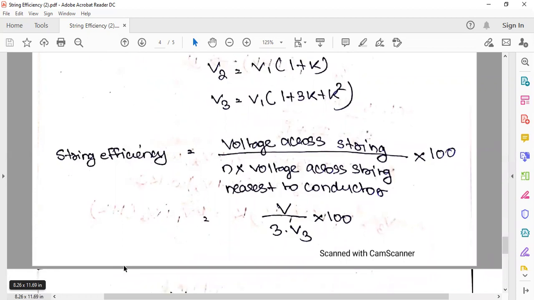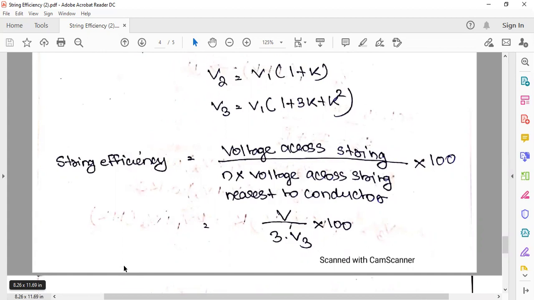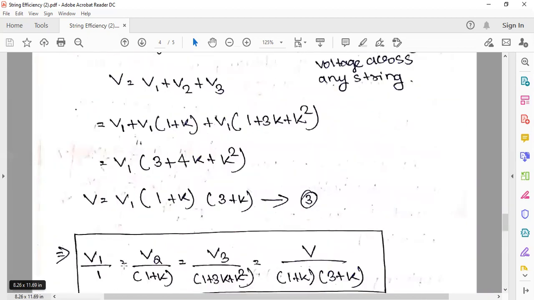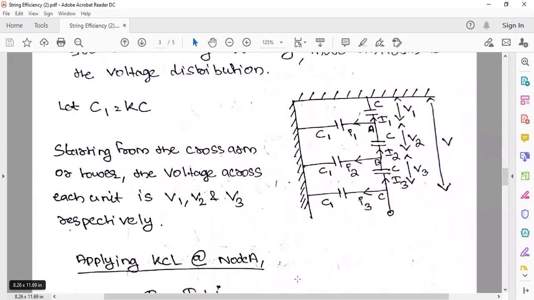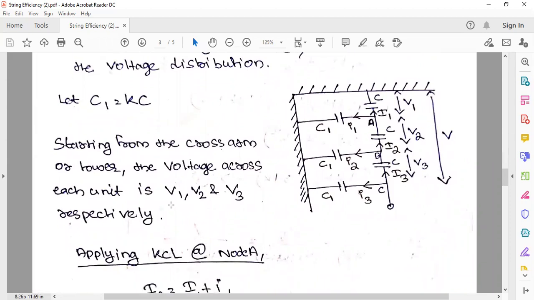Voltage across the string is V, and the number of conductors is 3. In the figure we have V1, V2 and V3, so it is 3 into V3. V3 is the voltage across the string nearest to the conductor. This is 3 strings, so n is equal to 3.